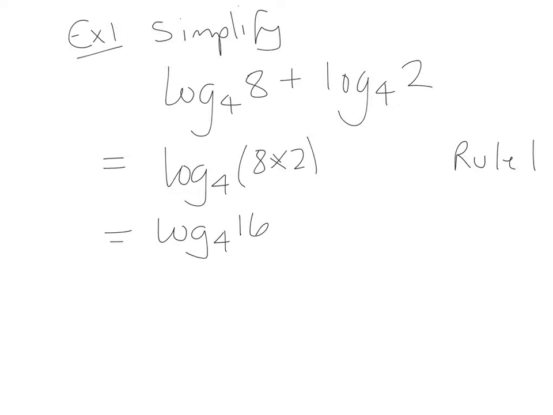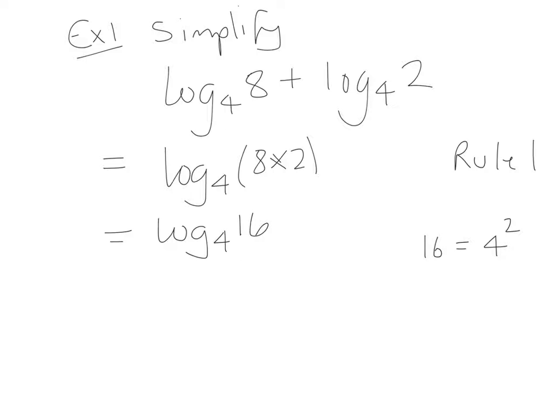Now, you might have thought at that stage that you would stop there, but actually we can use rule number 3 if we think about 16 as being equal to 4 squared. So often we don't go backwards with taking the square root of something to get us to think of it as being a power of a number, but this is what we're having to do here.